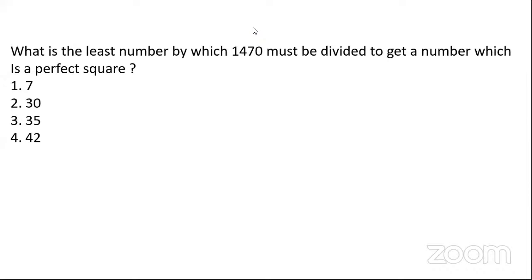So the answer is 30, second option. Tanish, 30. Okay. So we can see. What is the least number they're asking? Least number by which 1470 must be divided to get a number that is a perfect square.